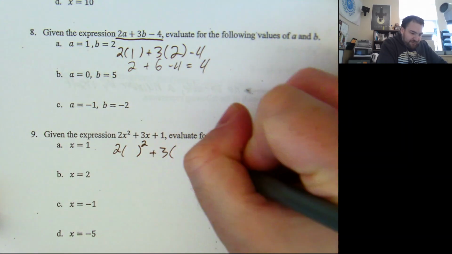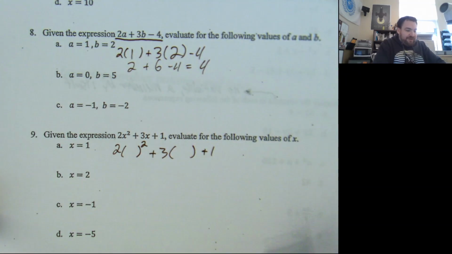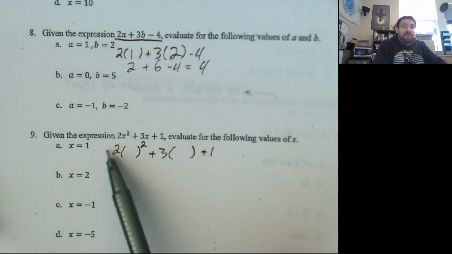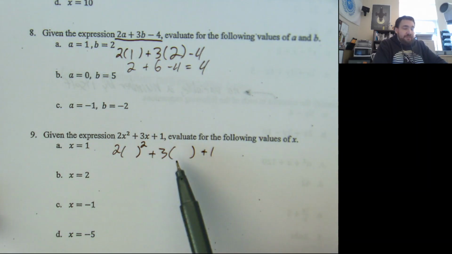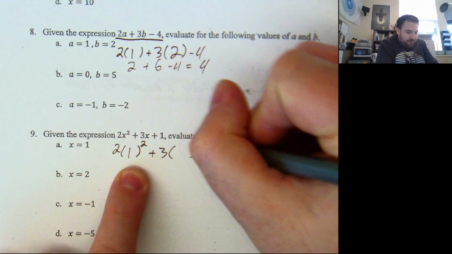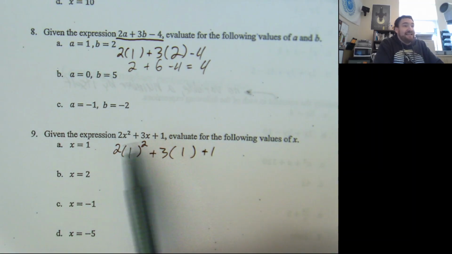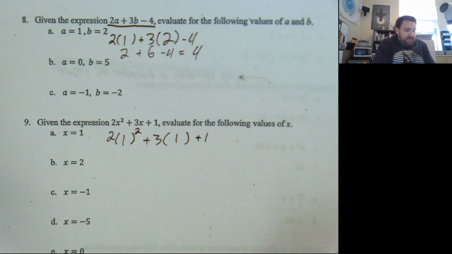Plus 3, throw down a bracket where there was an x. Plus 1, and now I'm going to take these values one at a time. We're going to plug them into this expression. So where x is equal to 1, I'm just going to place a 1 now inside both of these brackets, because these sets of brackets replaced the x's that were there. And again, now we just follow BEDMAS.